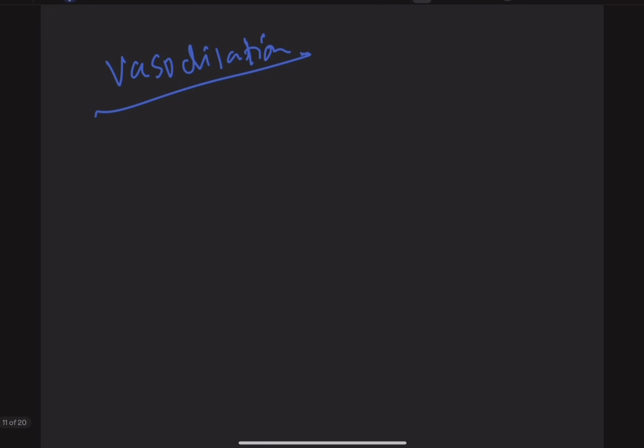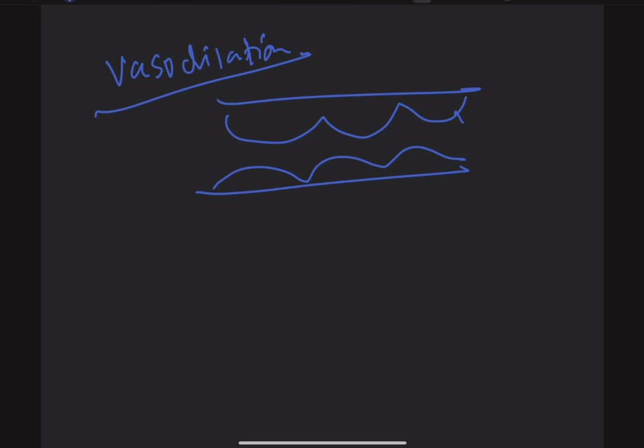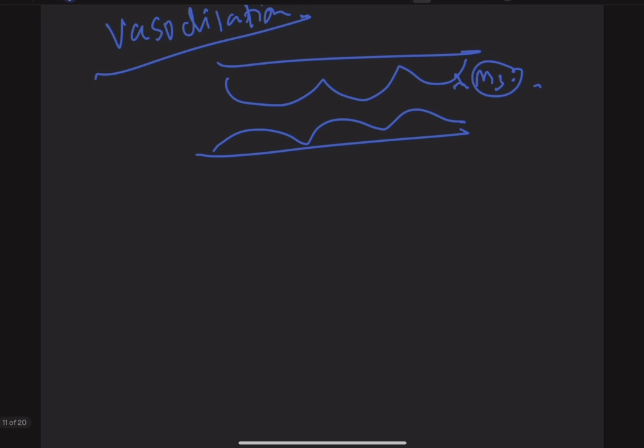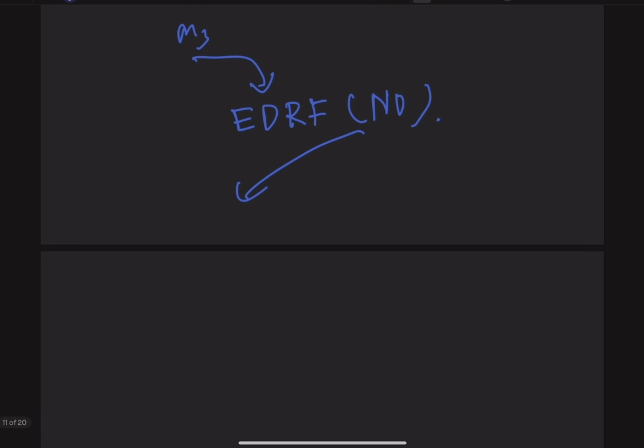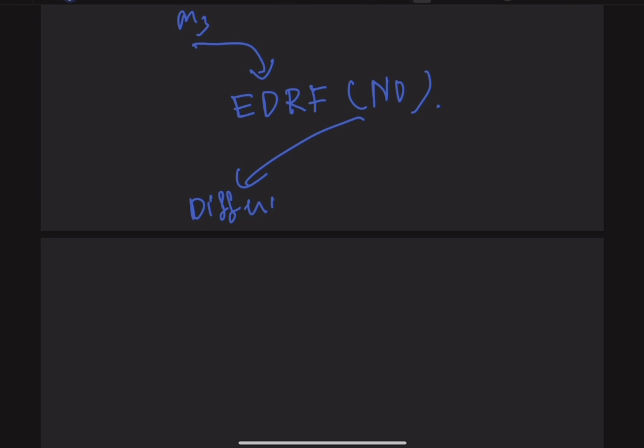We have already talked about that. In the endothelium, let's assume that this is the endothelium, we have the M3 receptor. By acting on and activating the M3 receptor, it releases endothelium derived relaxing factor, or nitric oxide, from the endothelium, and this nitric oxide diffuses into the vascular smooth muscle.